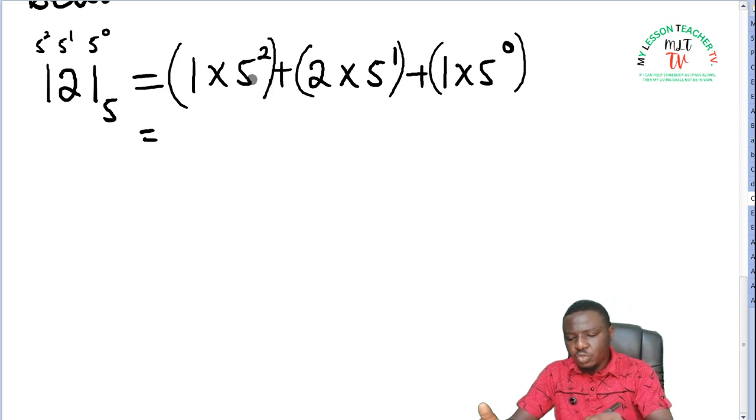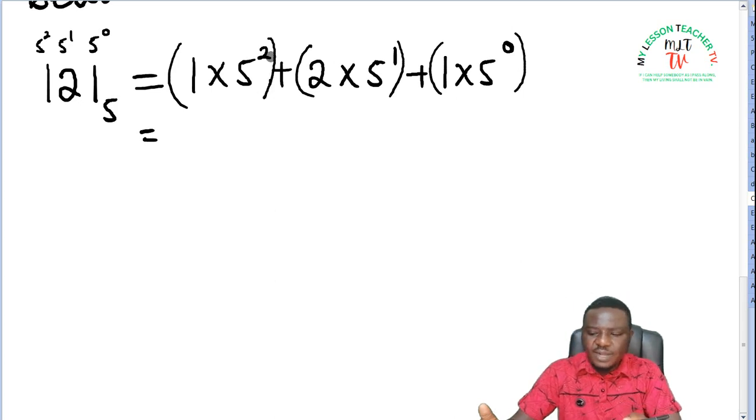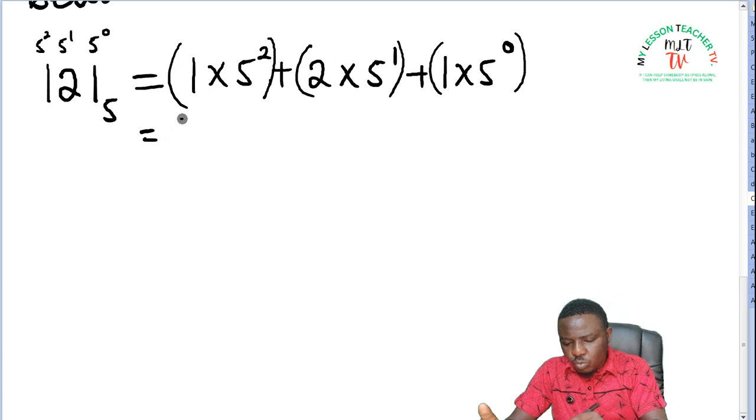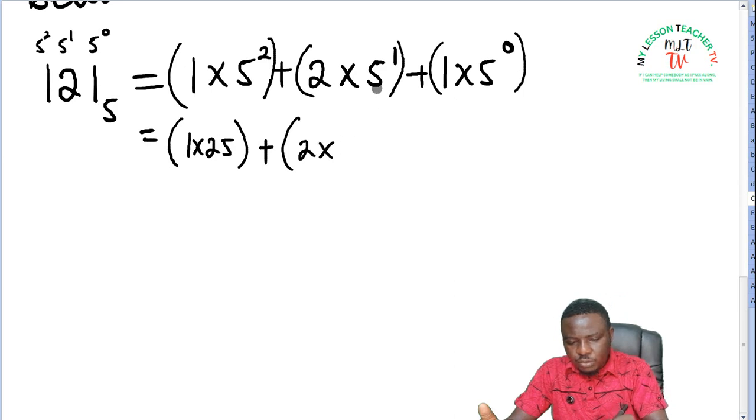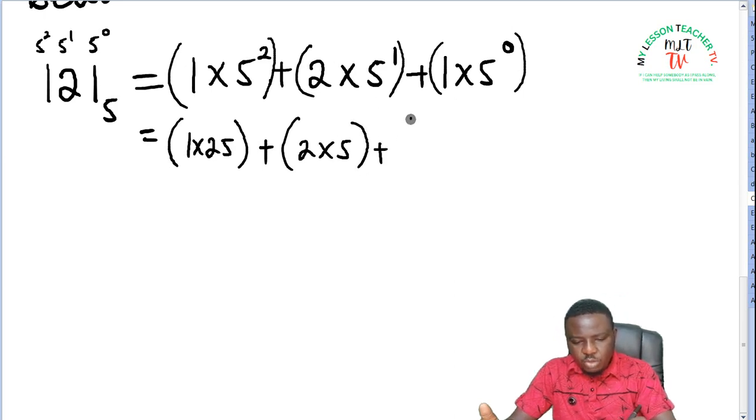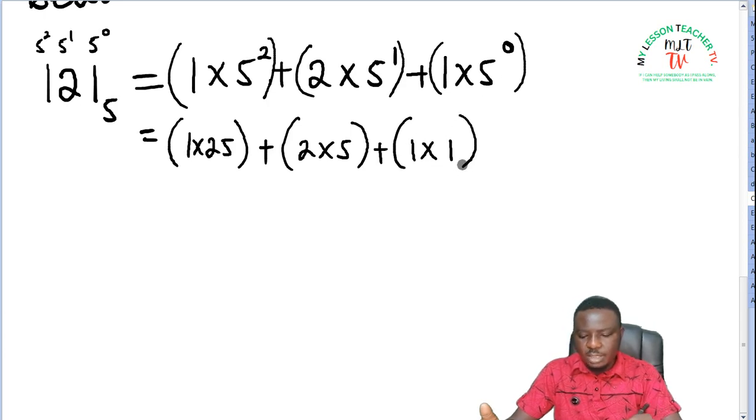So I'm going to simplify 5 to power 2. 5 to power 2 is said to be 25. So this is going to be equal to 1 times 25 plus 2 times 5 raised to the power 1 is said to be 5 plus 1 times 5 raised to the power of 0 is 1.